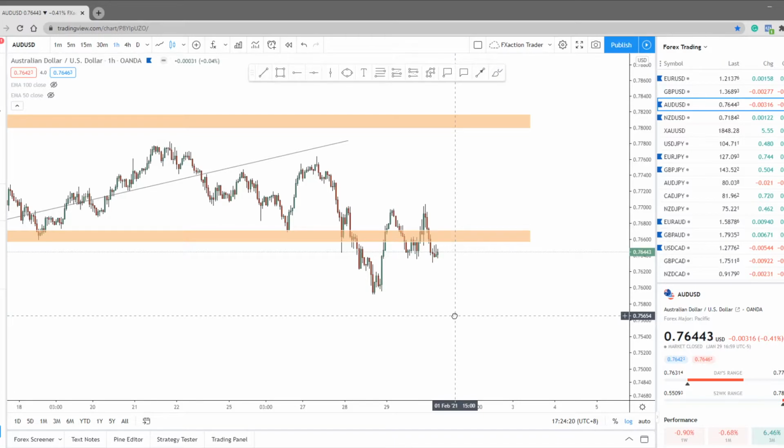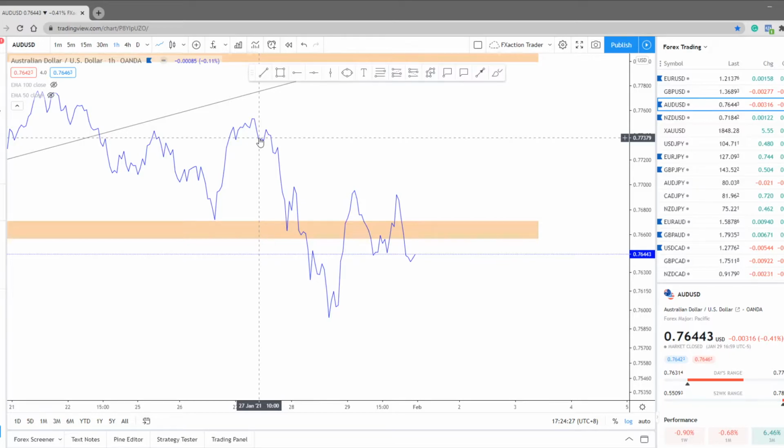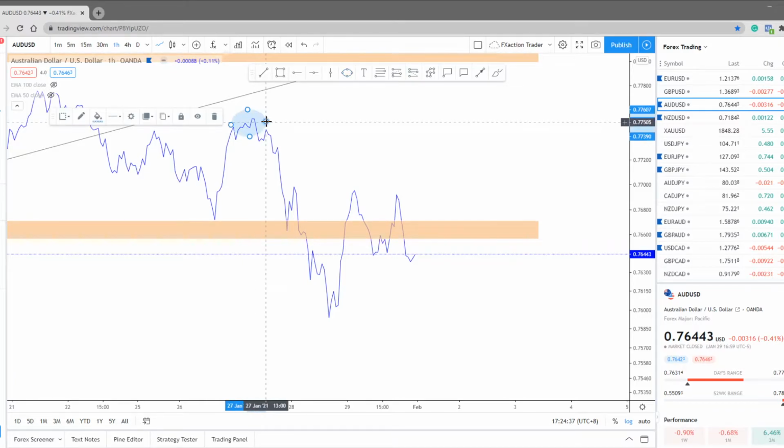If we are going to change the chart to a line chart, what we can see is that obviously we can always mark our high and low on the H1 chart. Alright, so this is the high level.